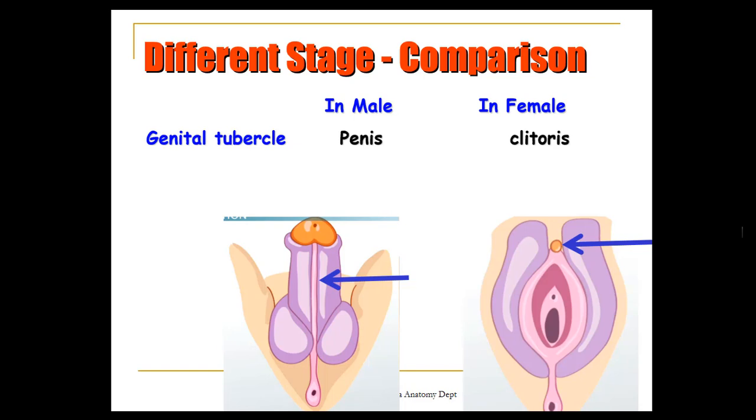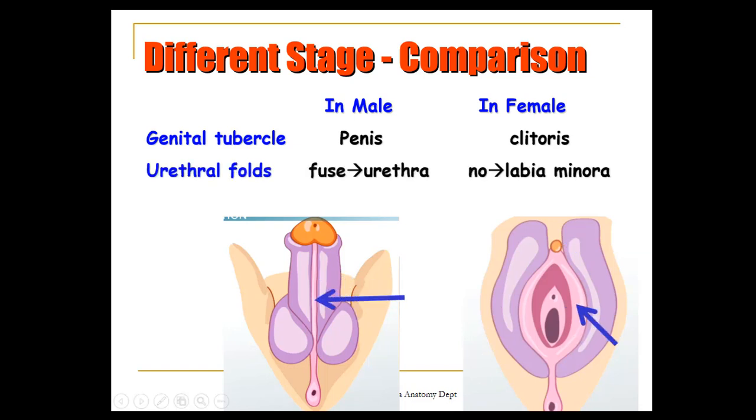The other difference is in the urethral folds. They will fuse in the male and form the penile urethra, while in the female they will remain open or separated and form the labia minora.